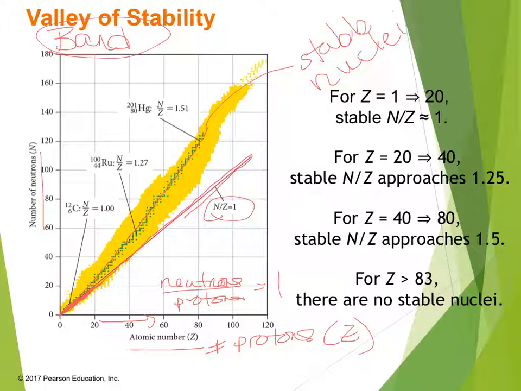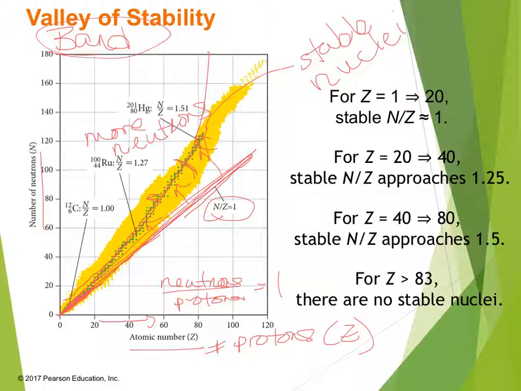So as you can see, as we get to higher and higher atomic numbers, we need to have proportionately more neutrons than we do protons. Okay? And that makes sense. As you get more and more protons, the repulsion between the positively charged protons gets more and more important, and you have to add more and more neutrons to kind of dilute that repelling force. And so the band of stability kind of veers up to the left and away from that 1 to 1 ratio.